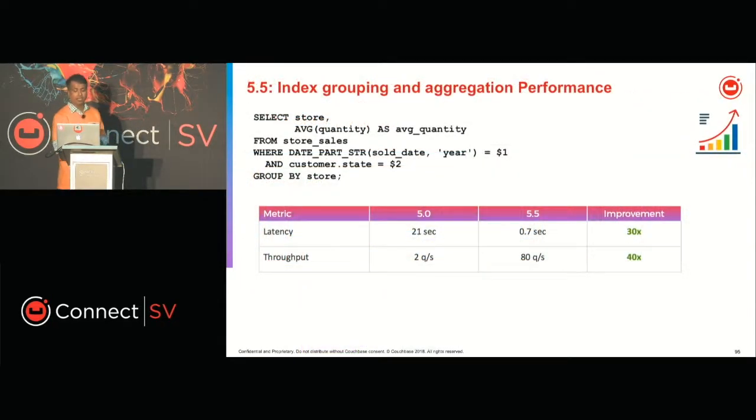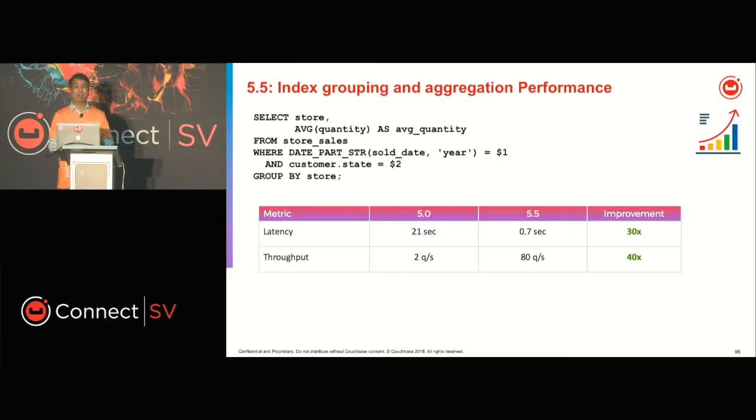So here's an example of a query. We did a lot of performance benchmarks on this query. In 5.0, it took 21 seconds with 2 queries per second in our setup. This is a complex query handling a lot of data.